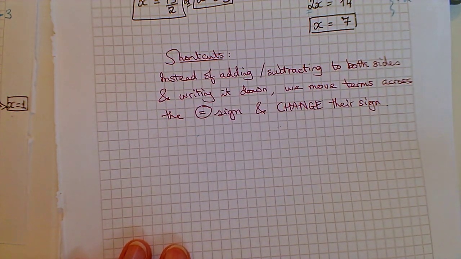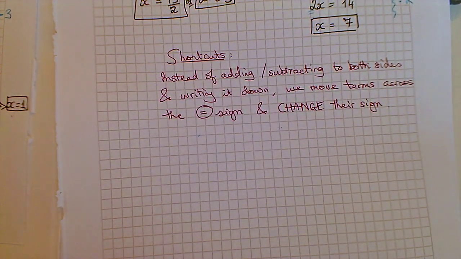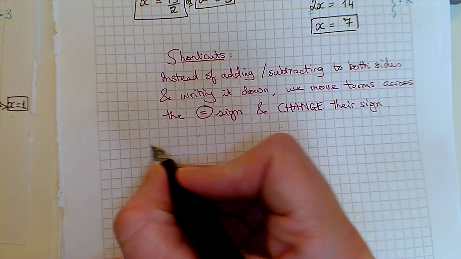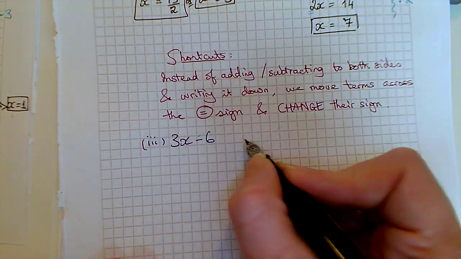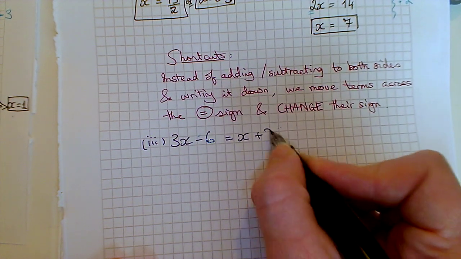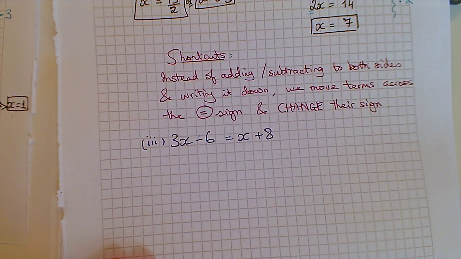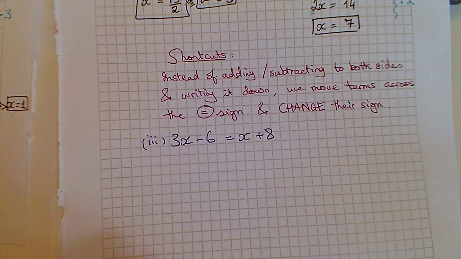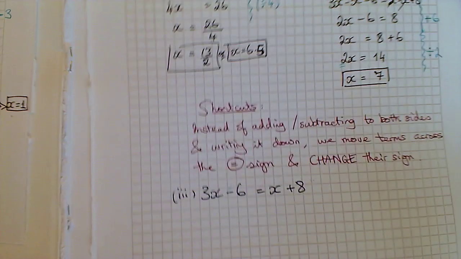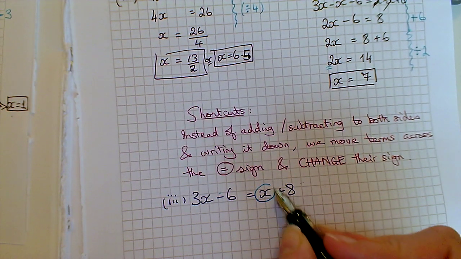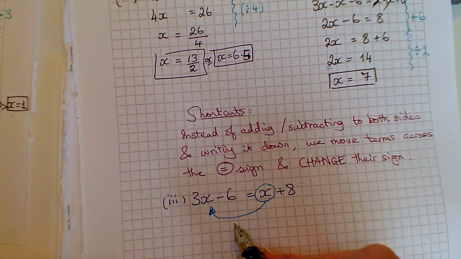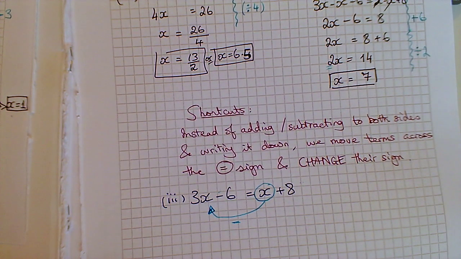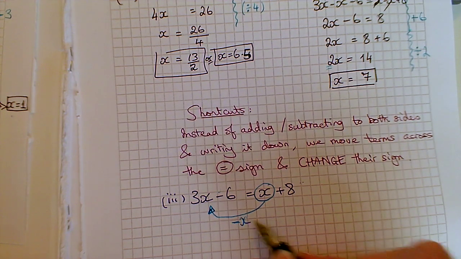So if I look at part 3 again and use this process, part 3, we had 3x minus 6 equals x plus 8. So rather than writing down that I'm subtracting x from both sides, I'm going to bring my x over here, and it's going to become a minus x when it's on that side.